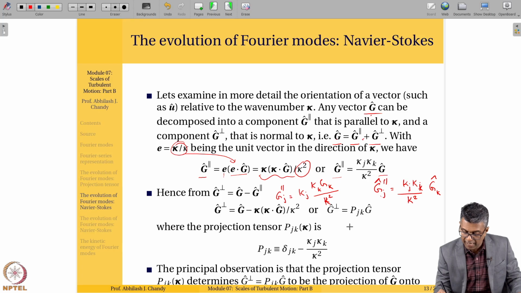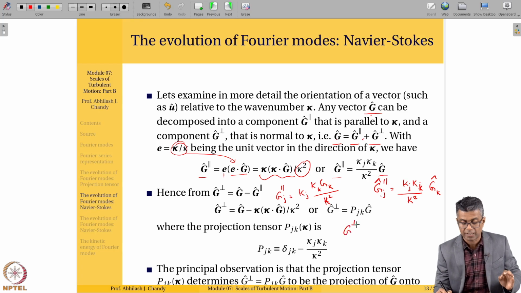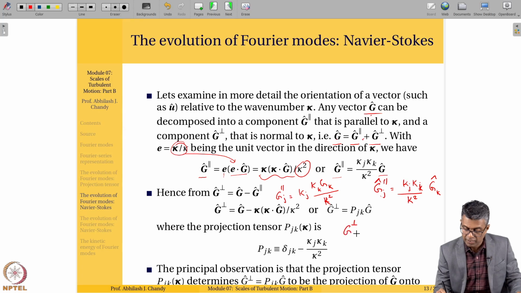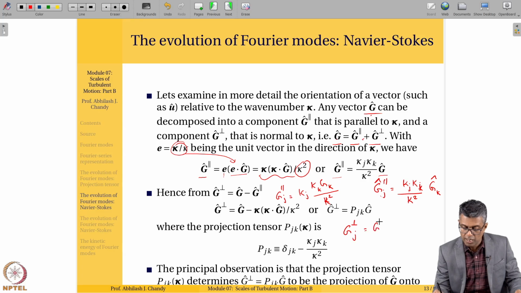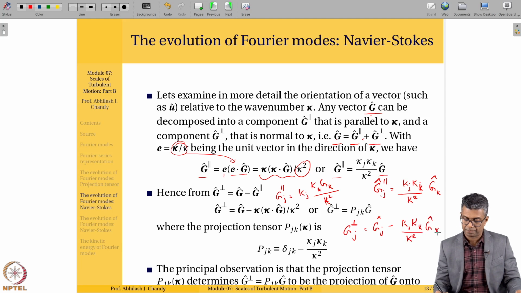Remember, I have g perpendicular in index notation, I'm sorry, is g perpendicular j is g hat j minus kappa j kappa k over kappa squared g hat k. This is what I have.